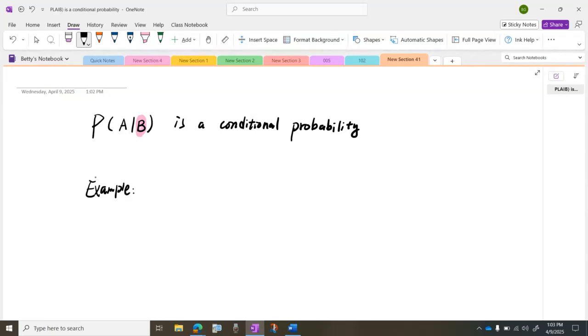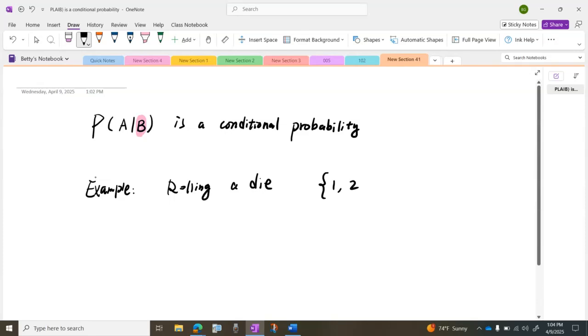Let's consider this classical probability model, rolling a die. We should be very familiar with this example by now. Rolling a die. The sample space is 1, 2, 3, 4, 5, 6. We roll a die and observe the number from the die.